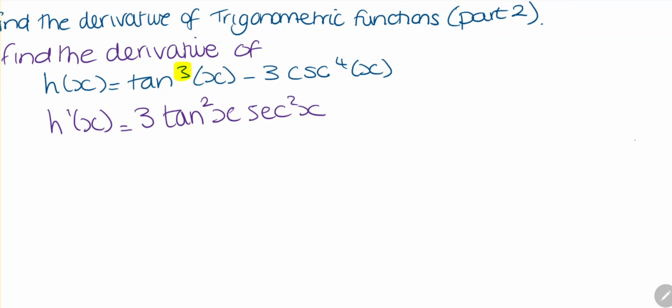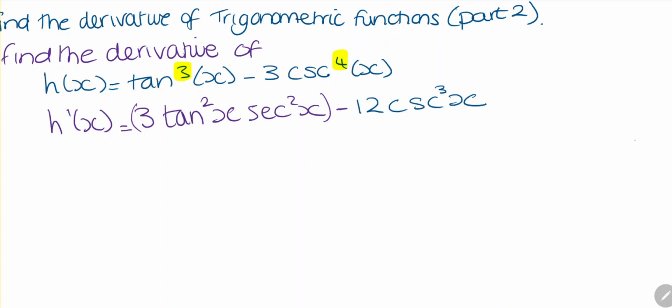Then we're going to subtract, and we have negative 3. So let's have a look at this. We need to use the chain rule again. So this is going to be 4 multiplied by minus 3, so this is minus 12. And we have cosecant, so we're writing cosecant of x the same. Now we're going to minus 1 from the power, so this is going to be 3.